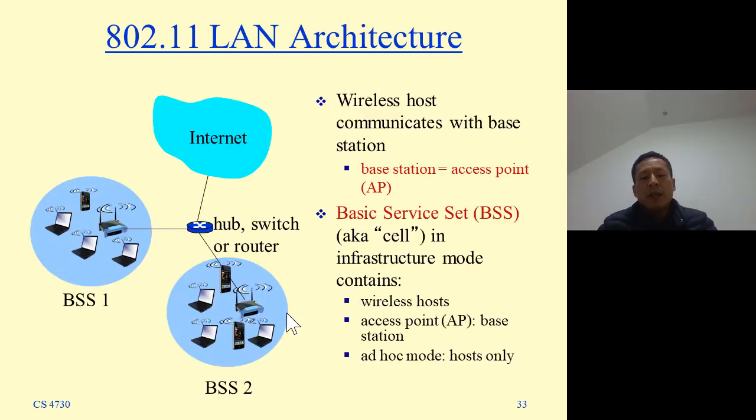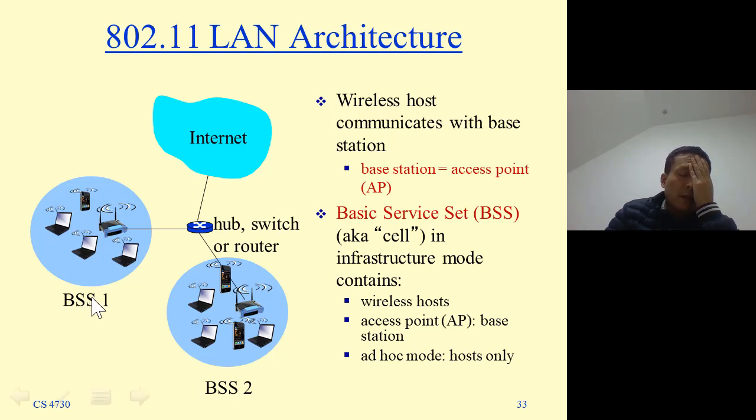Power management to save power. So in the 802.11 architecture, this is the first straightforward architecture, or 802.11 local area network architecture. So in these architectures, a hub or switch or router is connected to multiple BSS. BSS is the fundamental unit of 802.11 architecture. So it's called Basic Service Set.